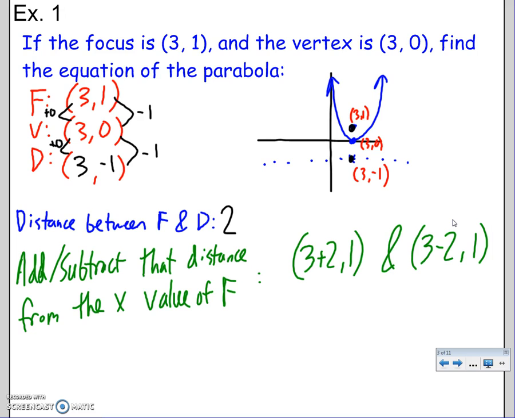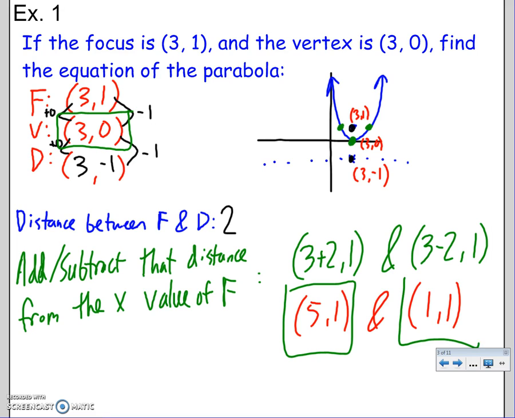So that turns into 5, 1 and 1, comma 1. On my picture we have the vertex, which is 3, comma 0. And the 2 points next to the focus are 1, comma 1 and 5, comma 1.